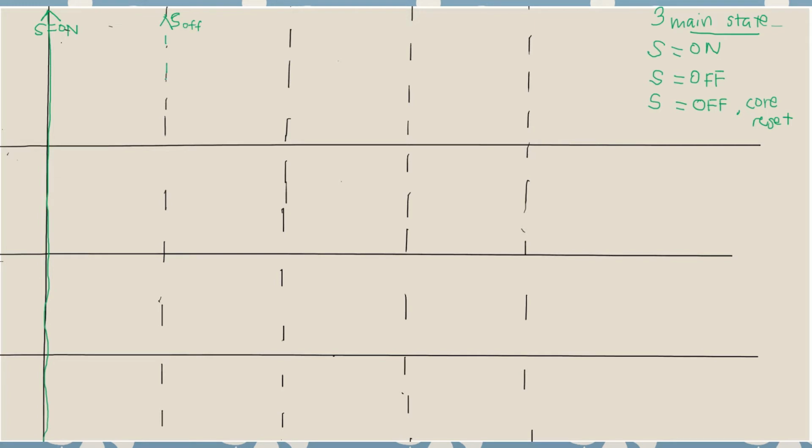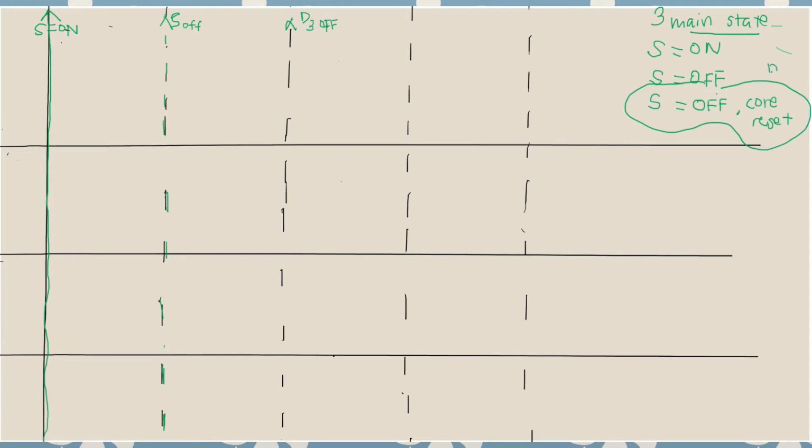All this dotted line here refers to when S starts to turn off. The point here is when D3 is off. Do you remember the time when D3 is off is during this state?